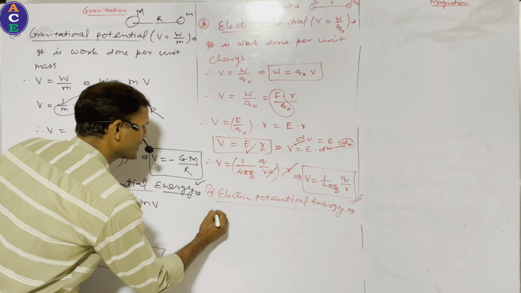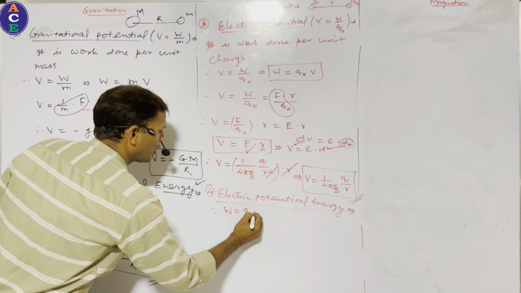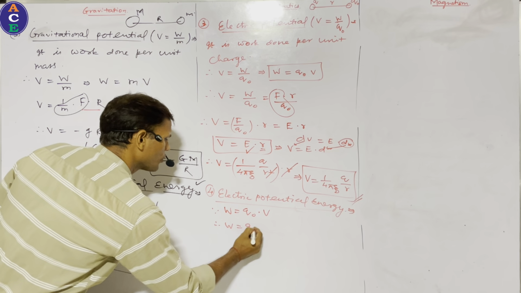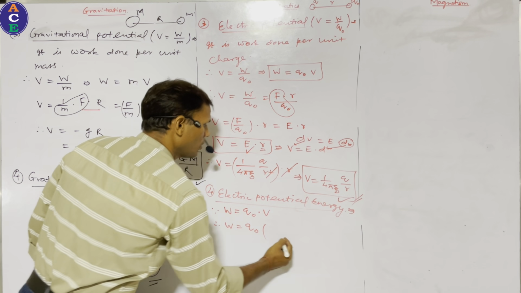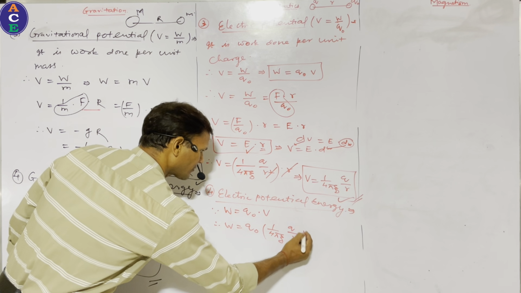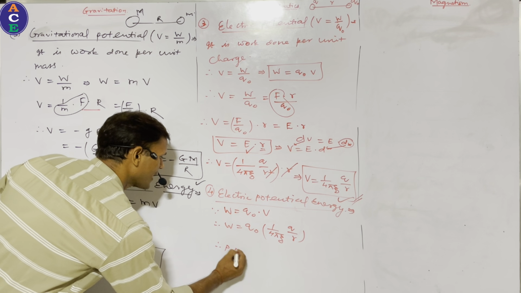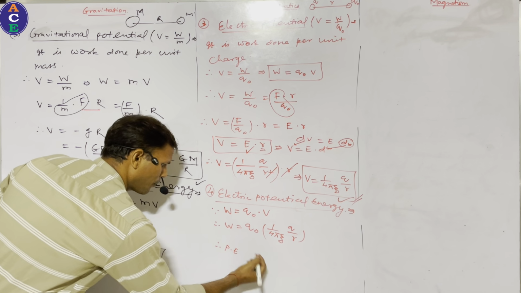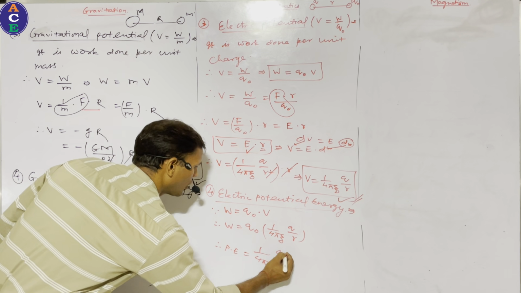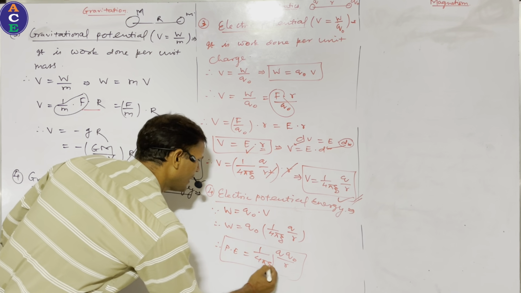So we can write, since from here W is Q naught into V, so we know W is equals to Q naught into, what is V now? It is 1 by 4 pi epsilon naught Q by R. So overall, electric potential energy is equals to 1 by 4 pi epsilon naught Q Q naught by R. So what is the similarity between all?